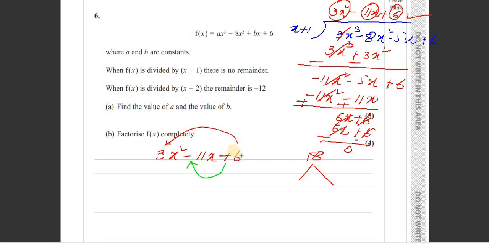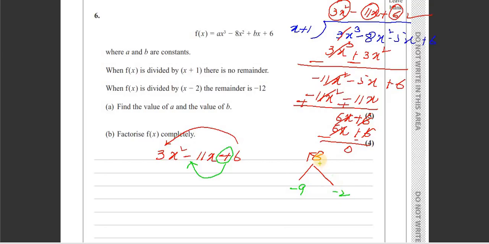Remember, we multiply the constant with the coefficient of the square term, we get 18, and we need to think of the factors of 18, and these two factors, if we add these two factors, this sign is same. If we add these two factors, we must get minus 11, and clearly it is minus 9 and minus 2.